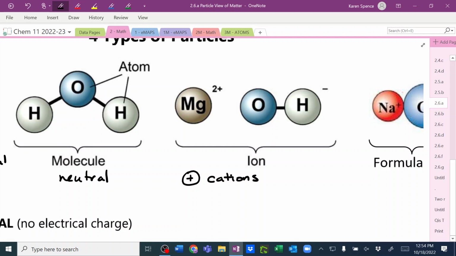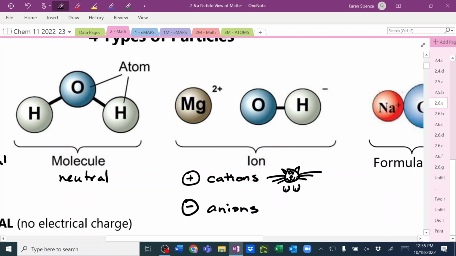The T looks like a positive sign, and also cats have paws. Cations are positive because cats have paws, or because there's a plus sign in the middle of cation. And then the negative ones are anions, because it sounds like onions, and onions make you cry. Or you can remember A-N, a negative ion.